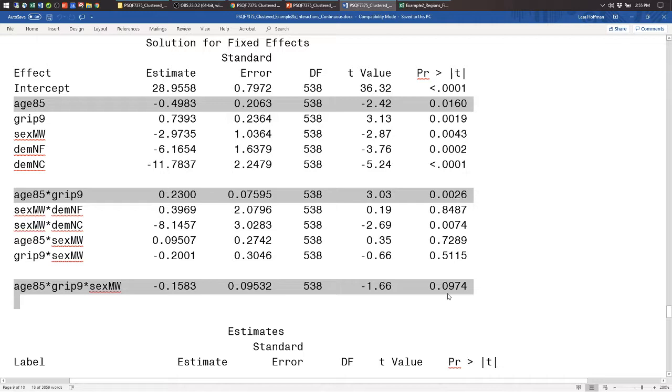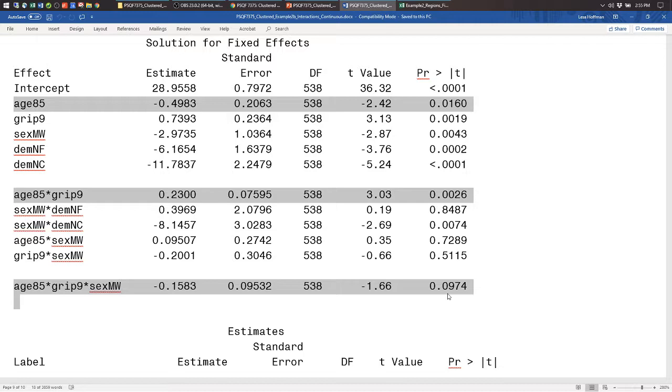Why not? So I've got age is the thing I'm caring about here. Grip strength is the moderator, and then sex is the moderator of that. So let's do one. Age 85. This is the change in cognition per year of age for what kind of person?